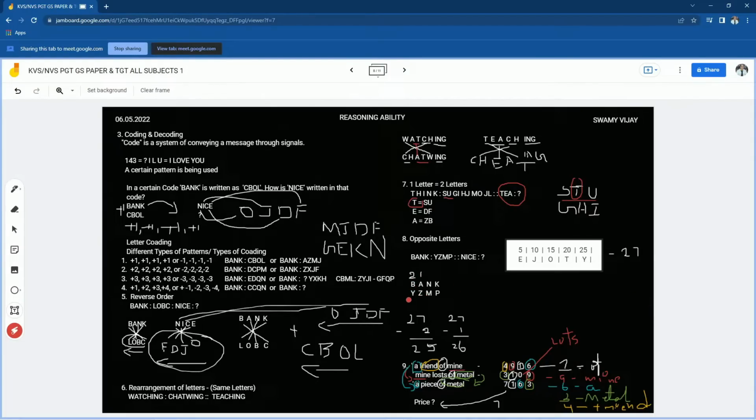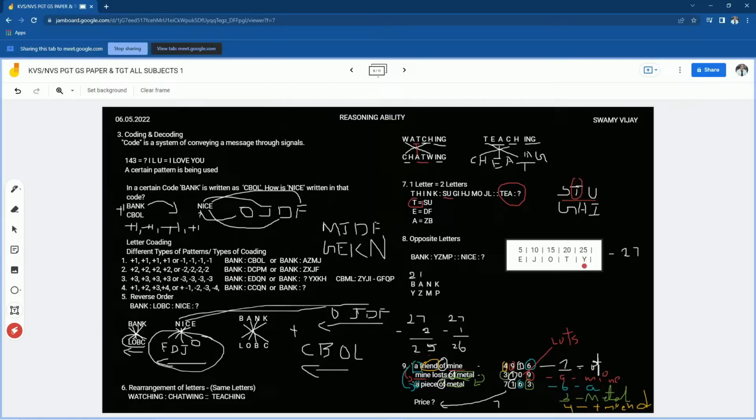Now to find out why this letter Y is used for B, we have to subtract that 2 from 27. There are 26 English letters in the English alphabet, so we are going to use one more addition, 27. And if we subtract the number of that letter from this 27, then what remainder comes, Preeti?